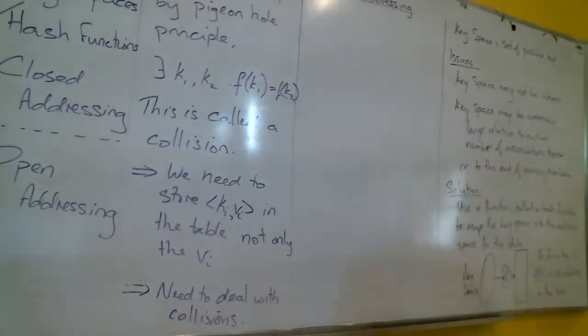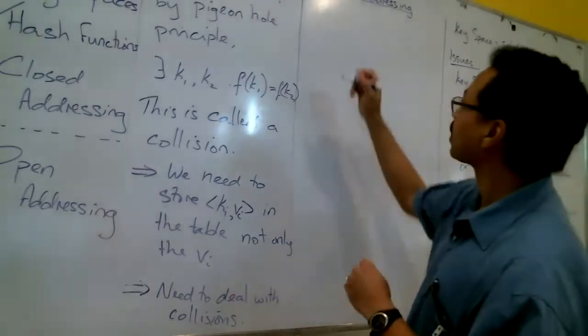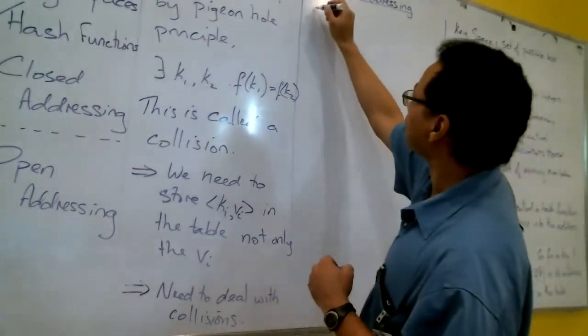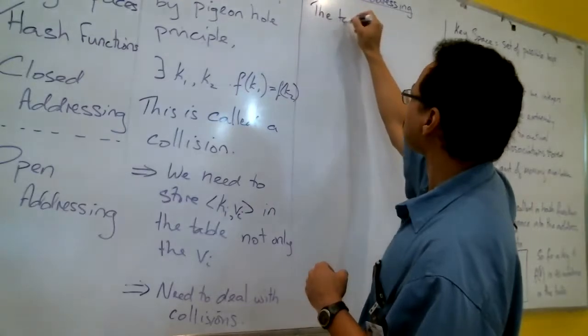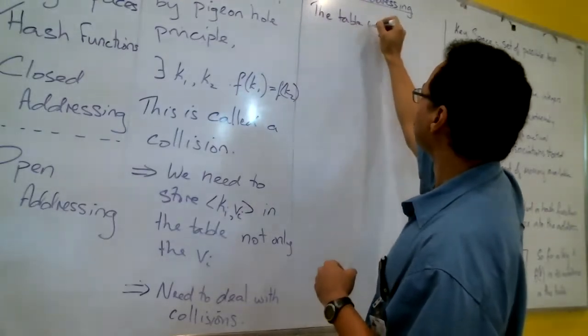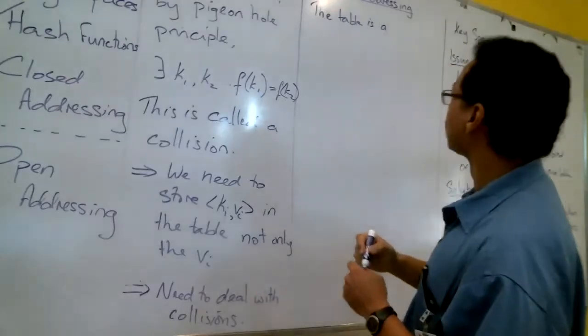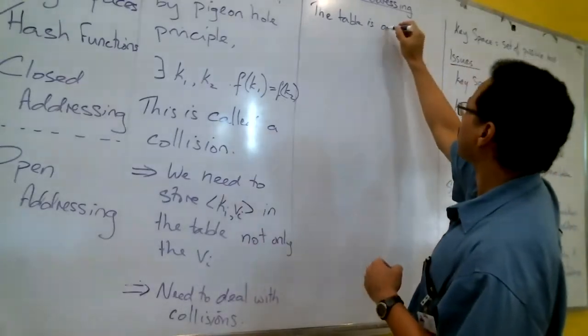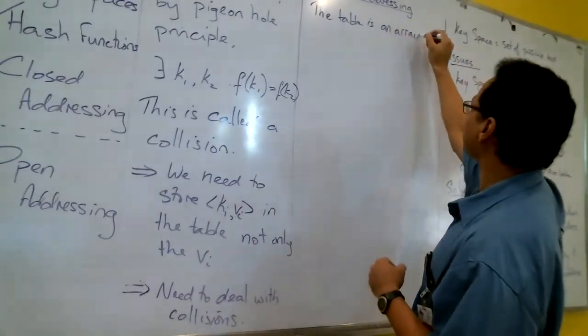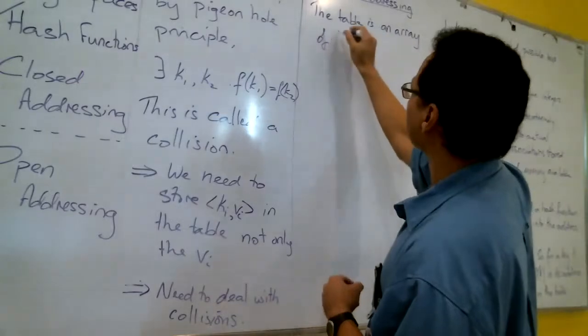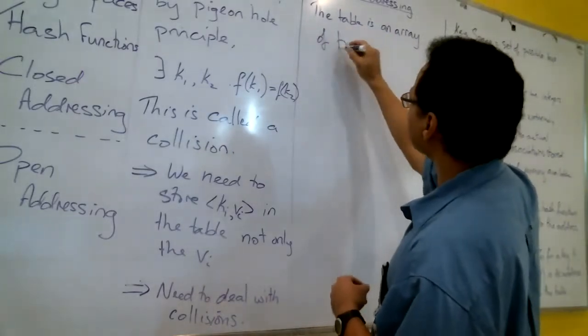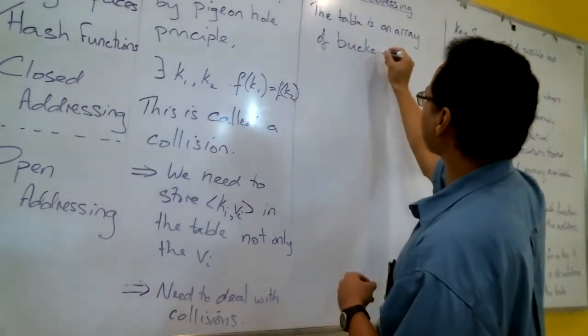As I said, you have two main categories. The first one is closed address hashing. In closed address hashing, the table is an array of, let's call them buckets. Well, that is actually what they're called.